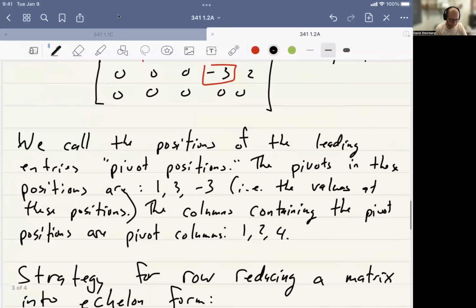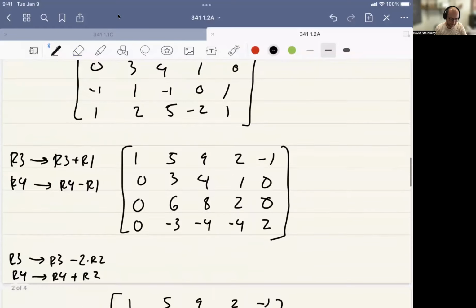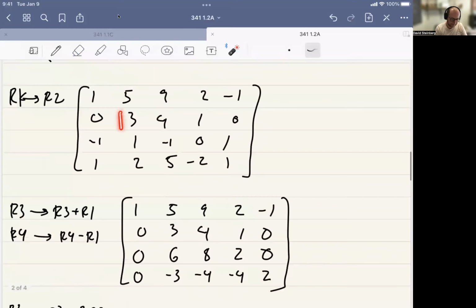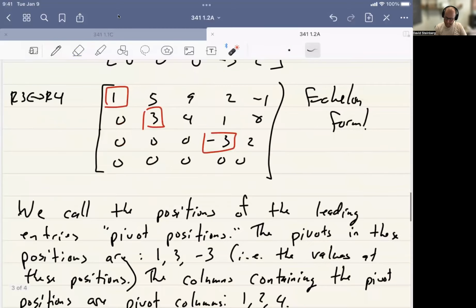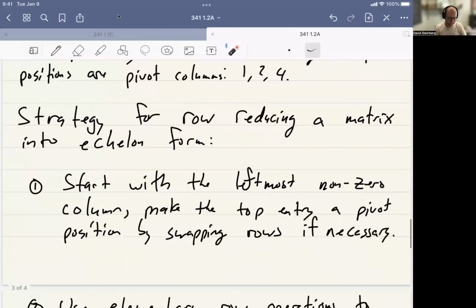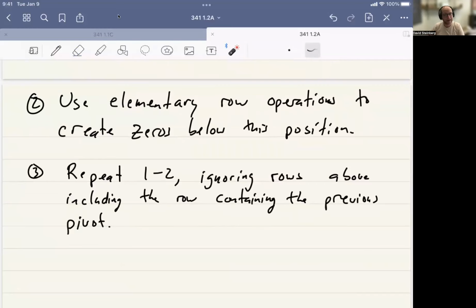So what did we do? The next thing we did was focus on the submatrix here and use this pivot to crush those entries. We ignored the first column. Okay, and that's our algorithm for echelon form. Come back next time for reduced echelon form. Bye.